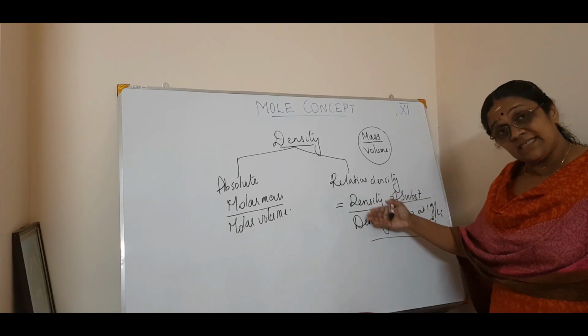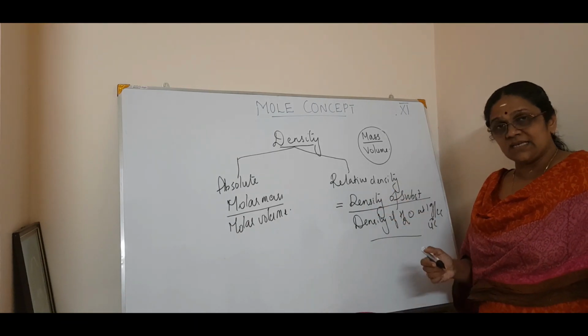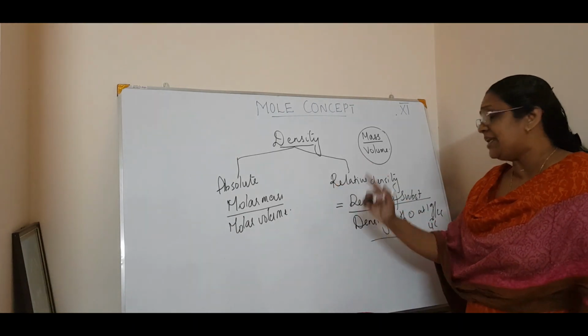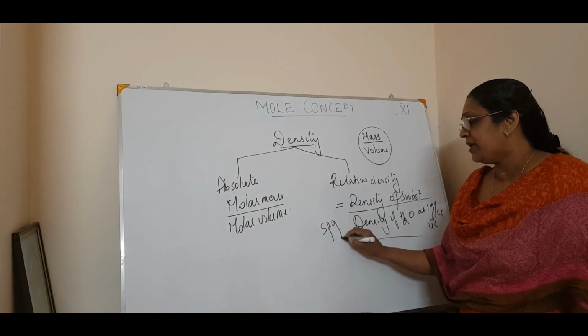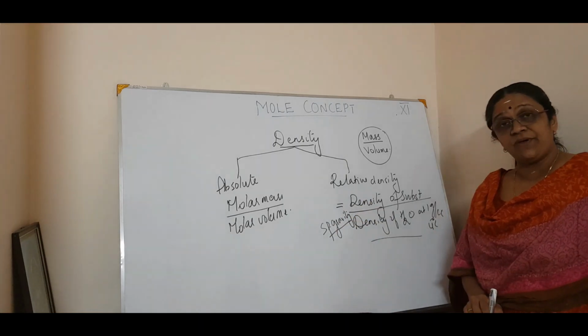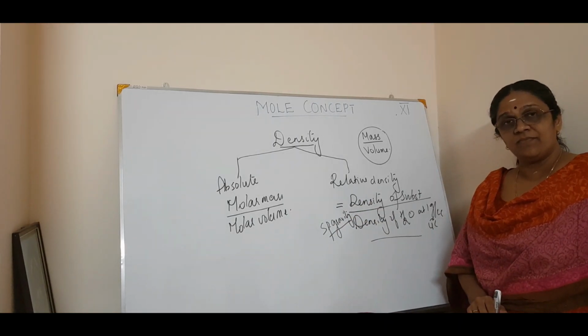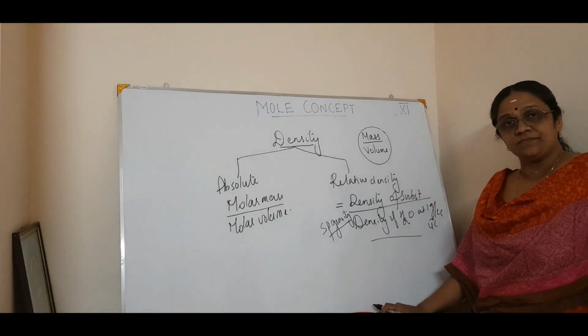So in comparison with water density, you are calculating the density of a substance. That is called relative density, or we call it specific gravity, when compared with water.